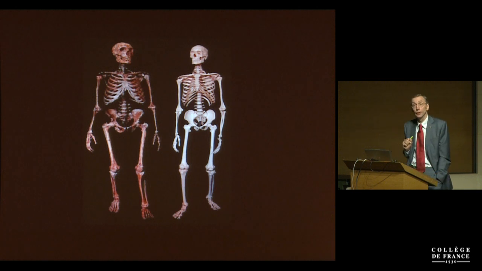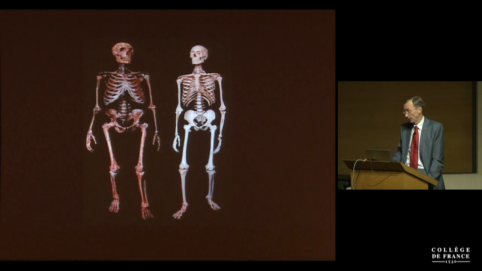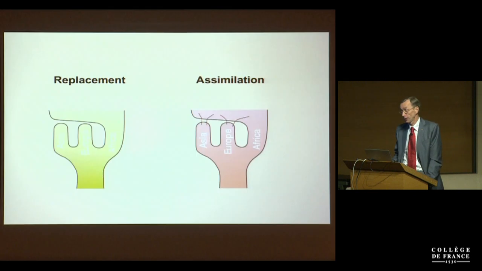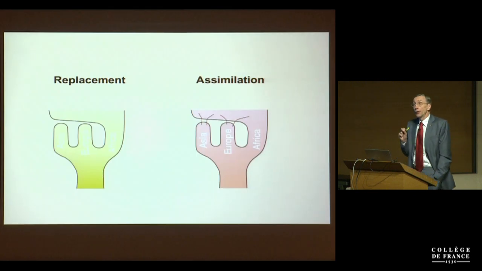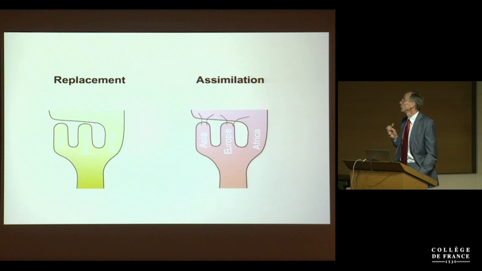And to the left, you see a reconstructed Neanderthal skeleton compared to a modern human skeleton. And there have been different ideas around what happened when modern humans then came out of Africa. One idea was a total replacement, where Neanderthals became extinct in Europe, with no mixture at all. Asian forms also, no mixture at all with modern humans.